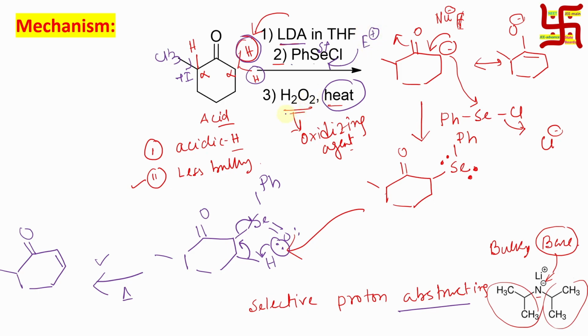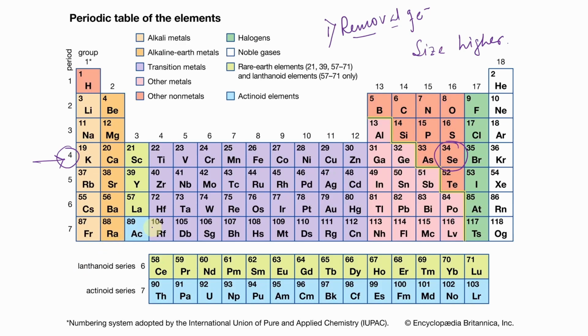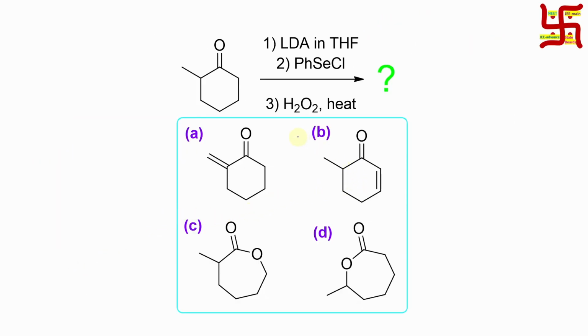Third, hydrogen peroxide can easily oxidize this selenium lone pair because of its larger size and lesser electronegativity. And fourth, in the presence of heat, it undergoes a cyclic reaction and ultimately results in an alkene, more specifically an alpha beta unsaturated ketone. So the answer is option B.